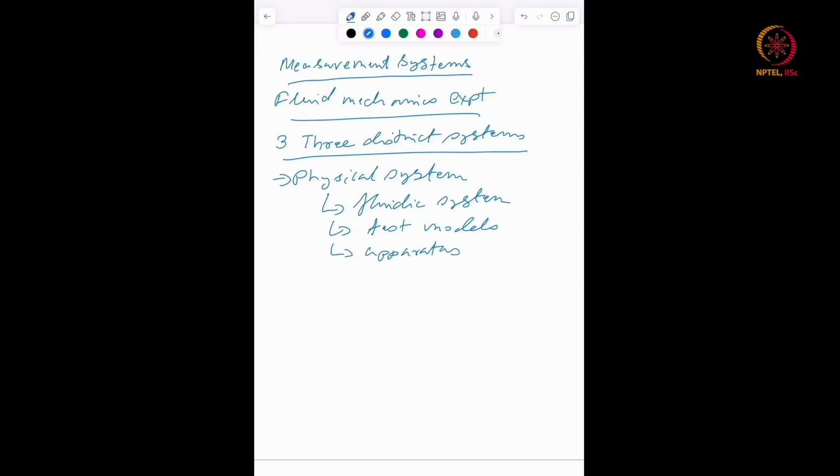Then of course you have the measurement system. So that's what you are going to do, the measurement system.